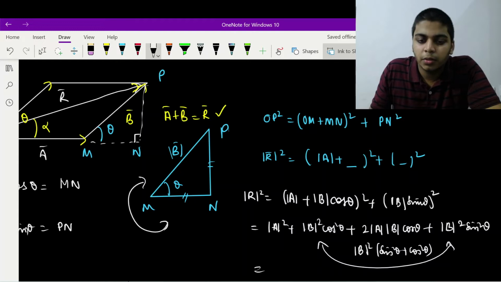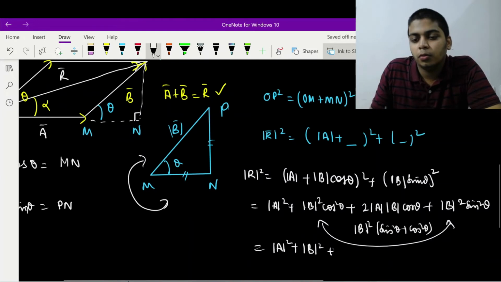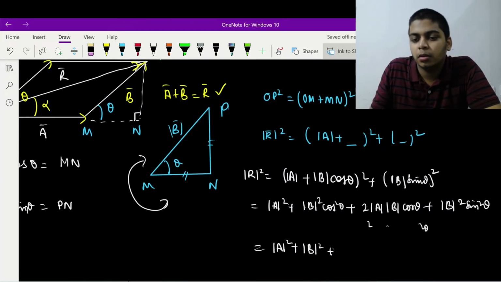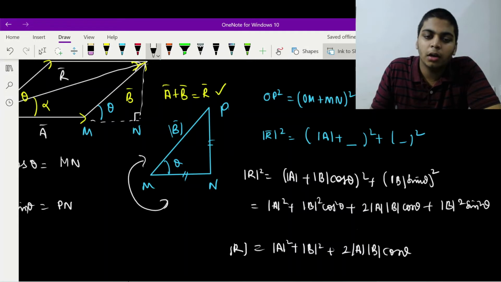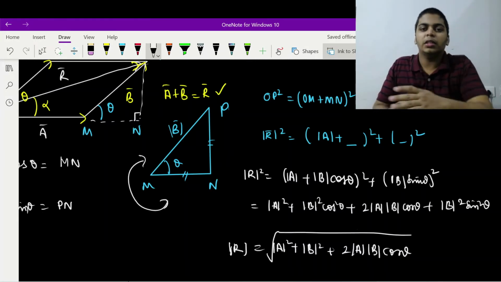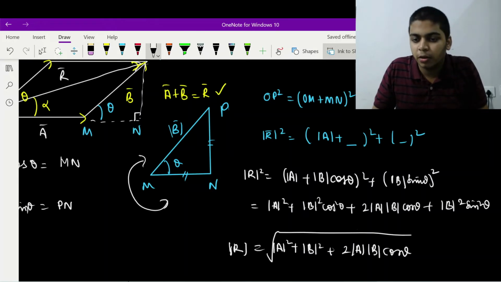So this will be mod a square plus mod b square plus 2 times mod a mod b cos theta, right? This is your mod r square, and your mod r is nothing but root over of mod a square plus mod b square plus 2 mod a mod b cos theta.